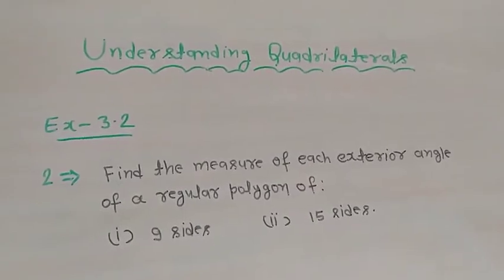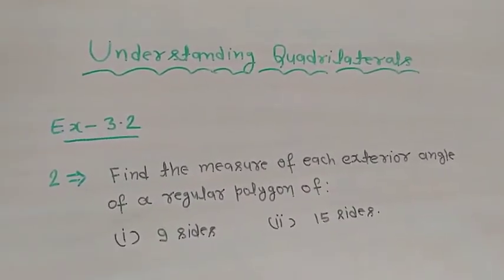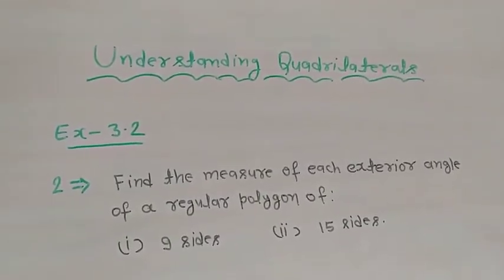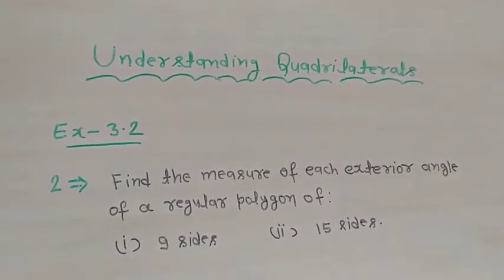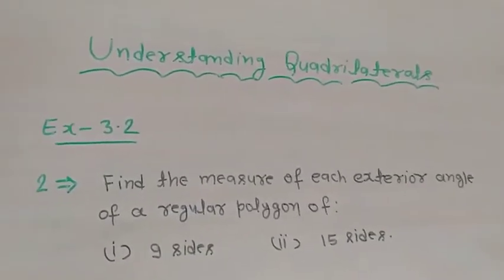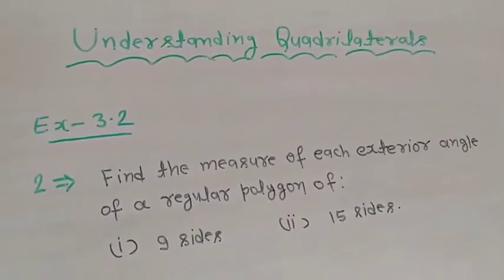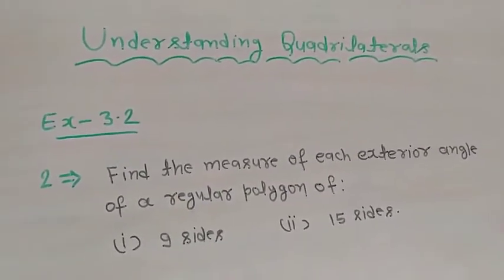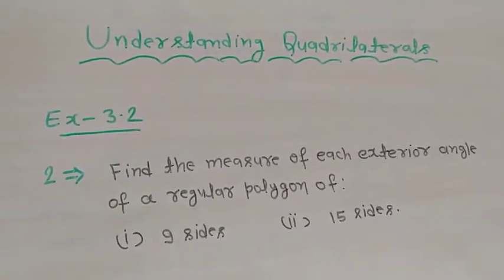So exterior angle is equal to, we discussed, the sum of exterior angles of a regular polygon is 360 degree.